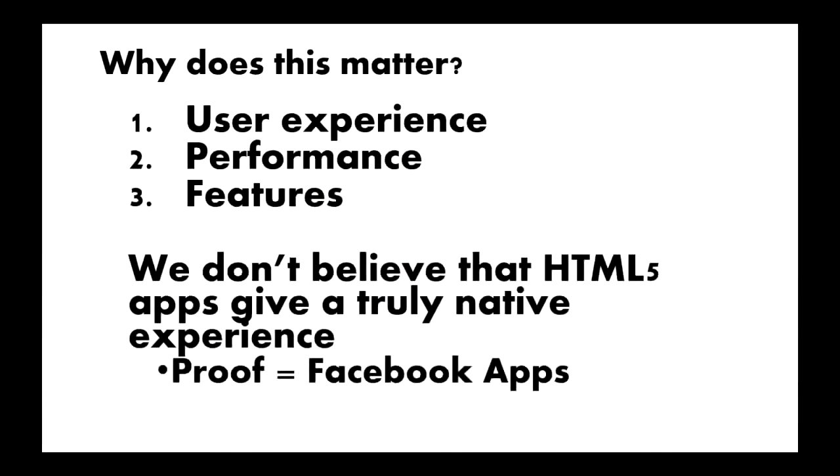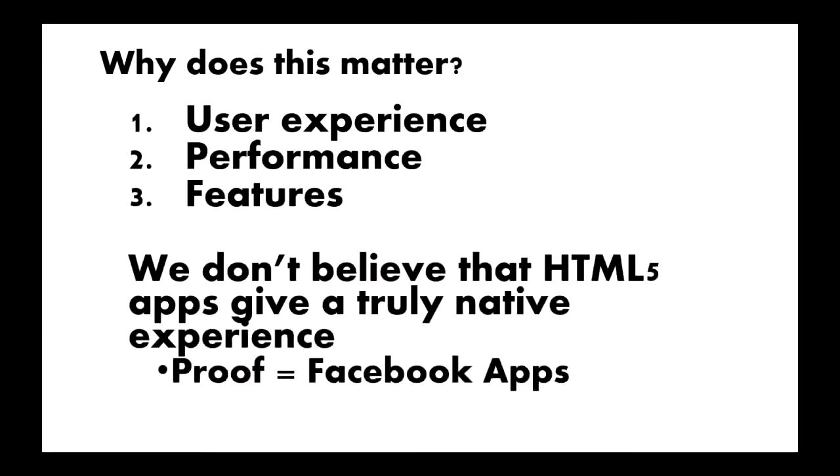We believe that the user experience is a big seller for why we'd use Xamarin, because we can do these native UIs, performance, and the features. And we're not sold on HTML5 apps being the answer for the mainstream, broader consumer applications, especially cross-platform applications, because you just can't do everything. You can't take advantage of all of the capabilities of the UI and the way that a user expects them to be there.